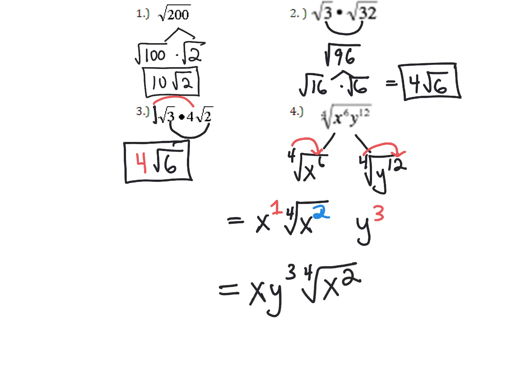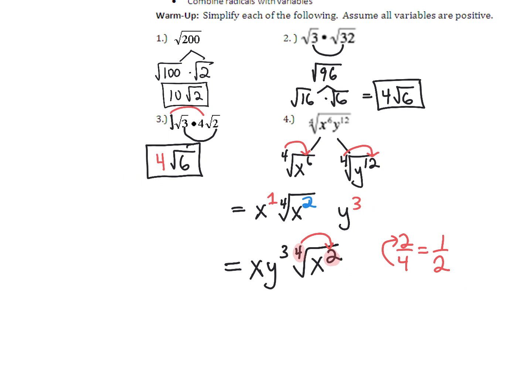We did briefly talk about reducing the index. We're still not at the point in the lesson or in the chapter where I would necessarily expect that. I know 4 doesn't go evenly into 2, but 2/4 does reduce. It's a half. So that's the skill we call reducing the index, which I will talk about a little more when we do properties of rational exponents.